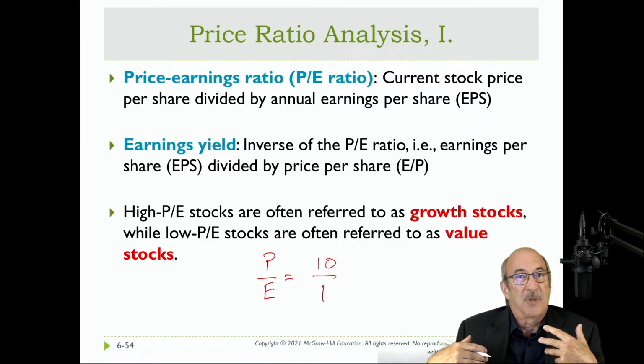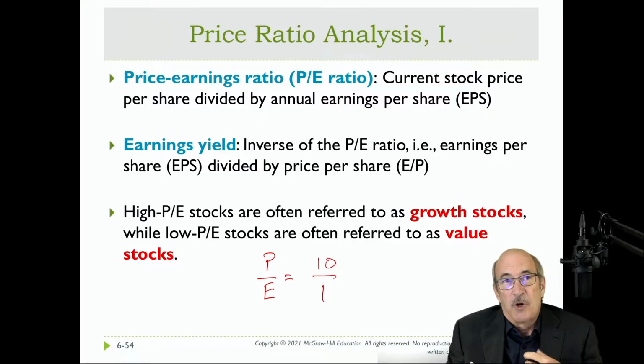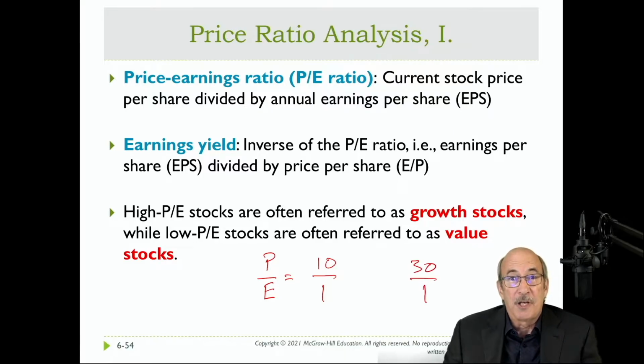So if we see something that's 10 or 9, that means I'm only paying $8 or $9 or $10 for $1 worth of earnings, versus a growth stock where I might have a PE of 30. I'm paying $30 for $1 worth of earnings. It's all a function of growth, though.